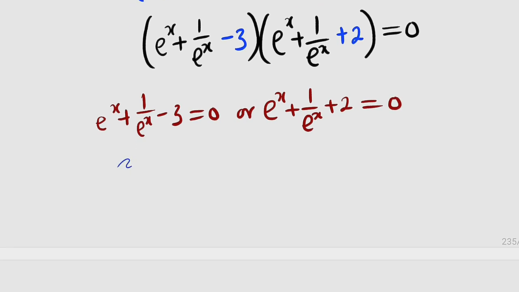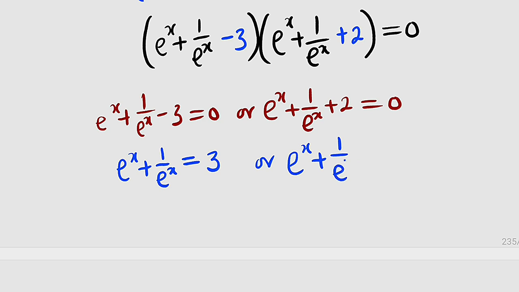From the first one, you can see e^x + 1/e^x will be equal to positive 3, or e^x + 1/e^x equal to negative 2. But remember, we are looking for the real solutions.